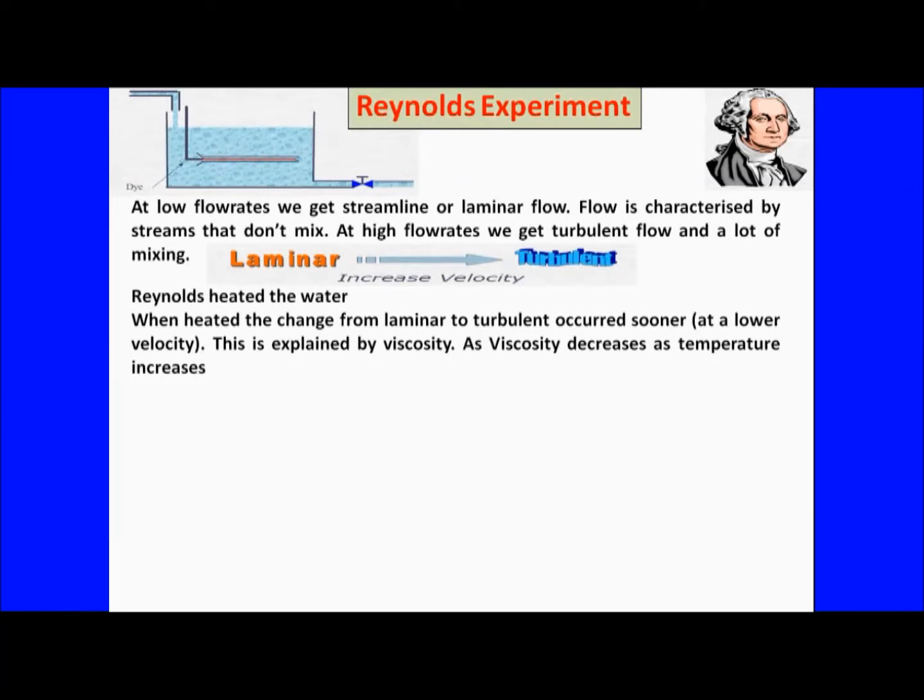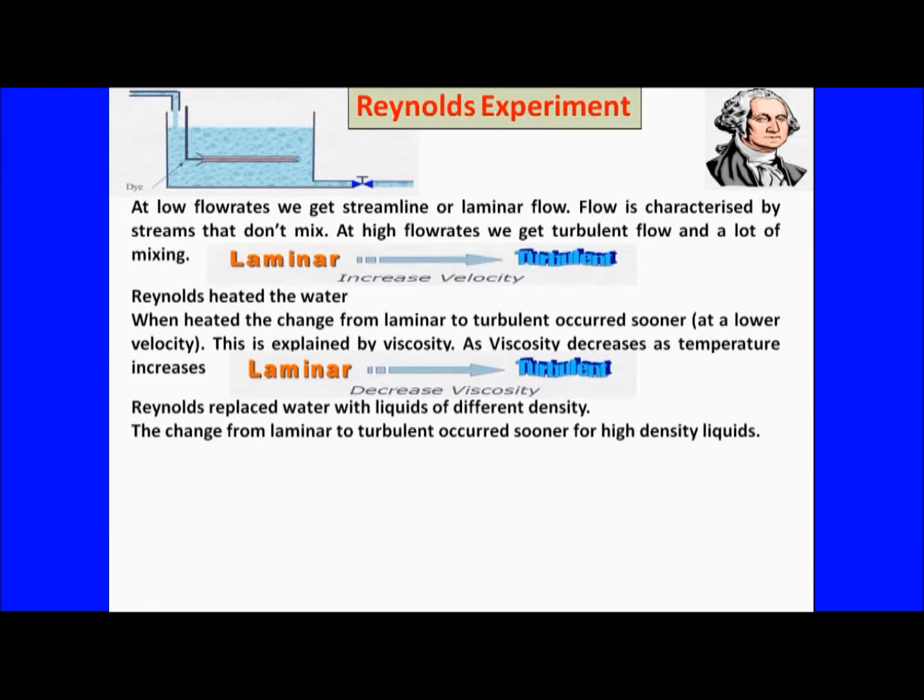Once the temperature is high, this is explained by viscosity actually. We know that the viscosity of any liquid decreases with the increase of temperature. Thus you can say the laminar flow gets converted into turbulent flow, because of the decrease of viscosity.